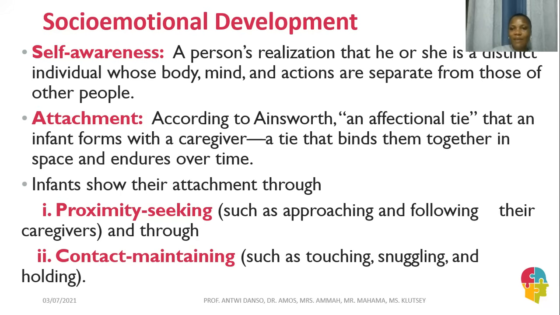So in infancy, the child forms a bond, a tie, a connection with the mother, and this endures even into adulthood. So how do children show that they are attached to their attachment figure or their caregivers or their significant others or their loved ones?